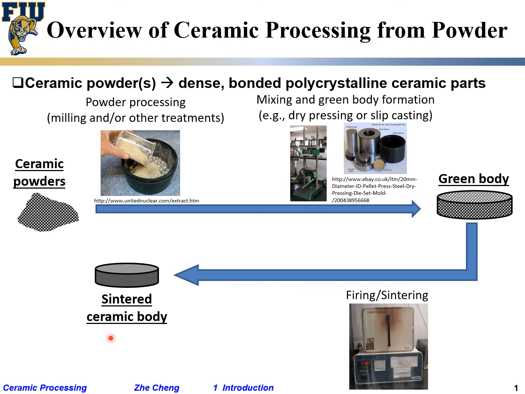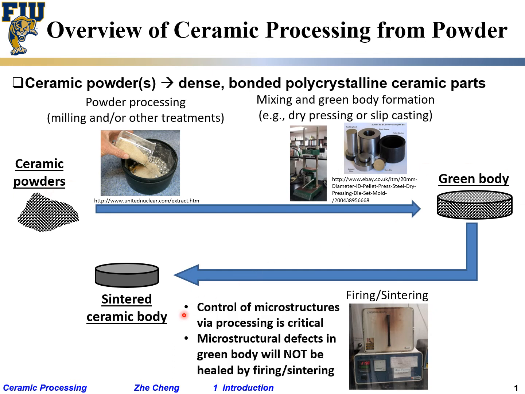Ceramic body. Okay? And between here, it's quite honestly very simple. You put them into certain types of furnace. And the process people call either firing, you apply heat, fire, or people call it sintering. That's very simple. From powder into green body into sintered ceramic body. Okay?